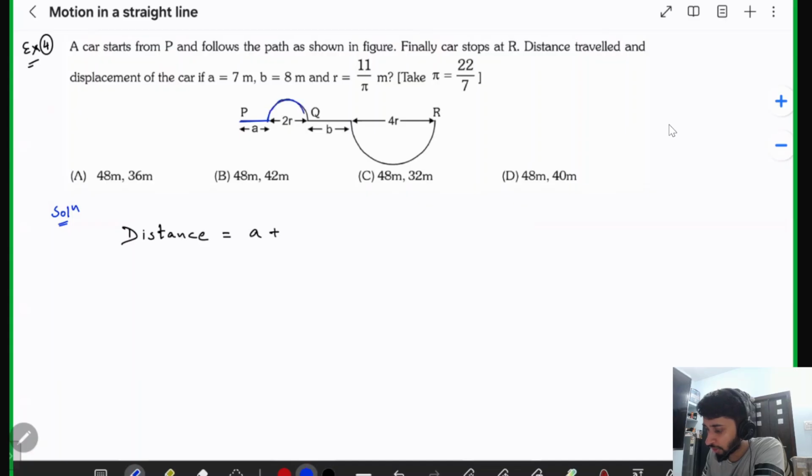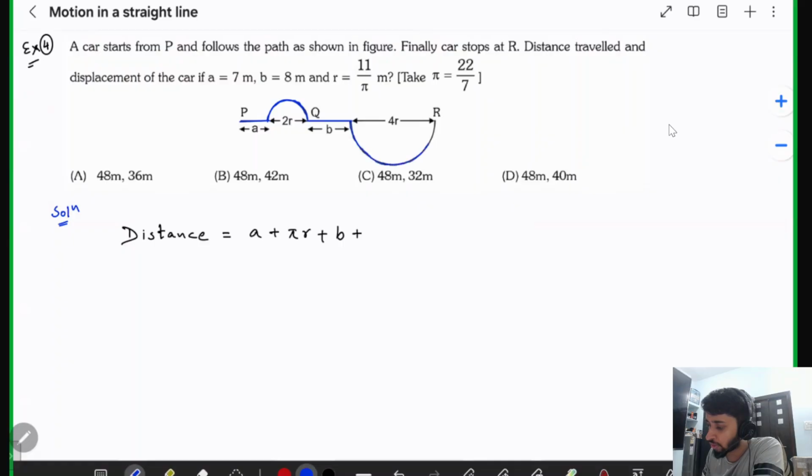So this is a semicircle, right? So length of semicircle is pi r. 2 pi r by 2 becomes pi r. So this will be equal to pi into r plus, again it goes along this path. So this length is b. So pi r plus b plus, now it goes along this path.